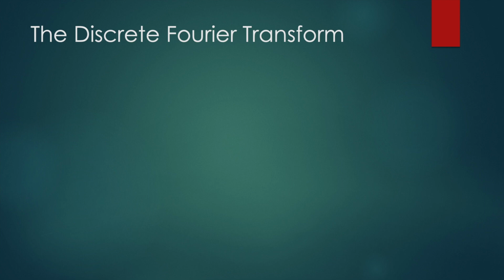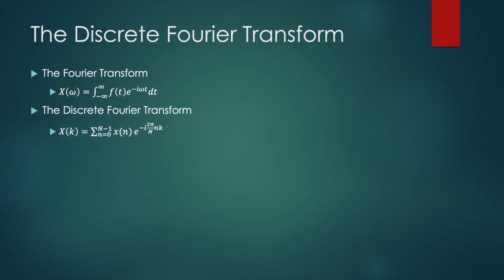The discrete Fourier transform is one that is implementable on sample data. So from the Fourier transform, our input function f(t) will become a sampled function, or vector x of n. And similarly, that complex exponential will no longer be a function, we'll sample that function. So we'll use capital N different samples.